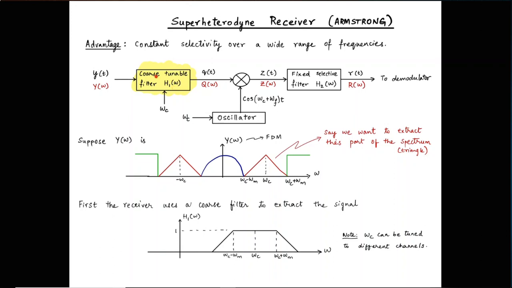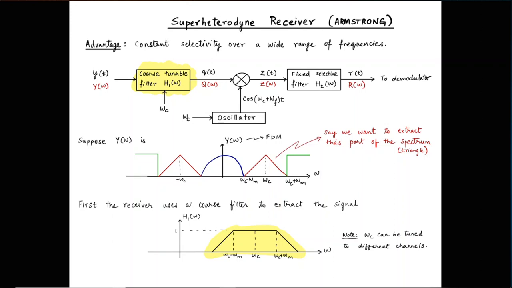This guy is the coarse filter. So it's not very selective, but if you want to move the tuning up and down very quickly, you can do that, right? So you can go up, in the order of tens of kilohertz if you wanted, so that the tunability is very coarse.